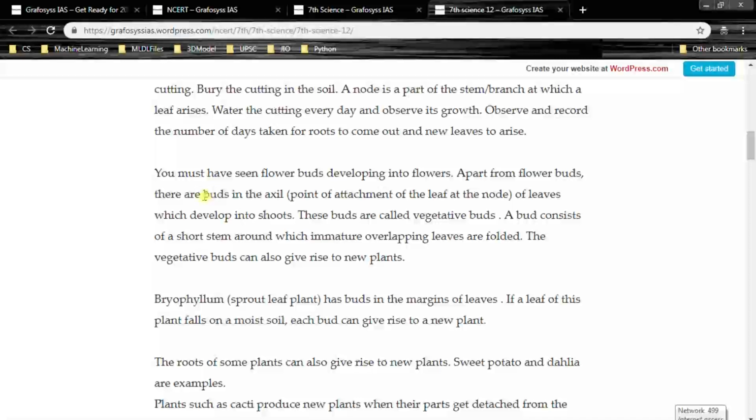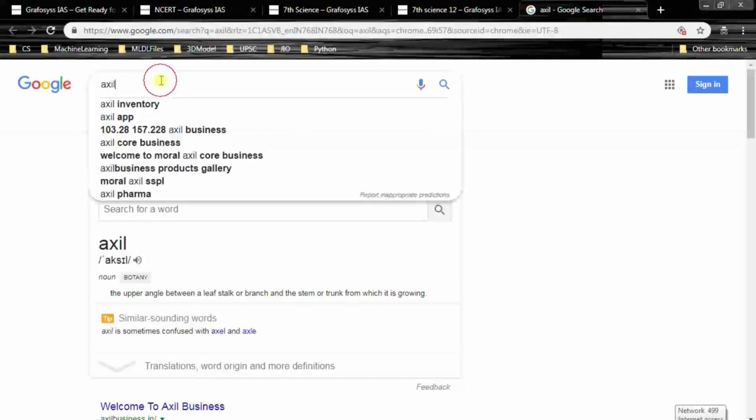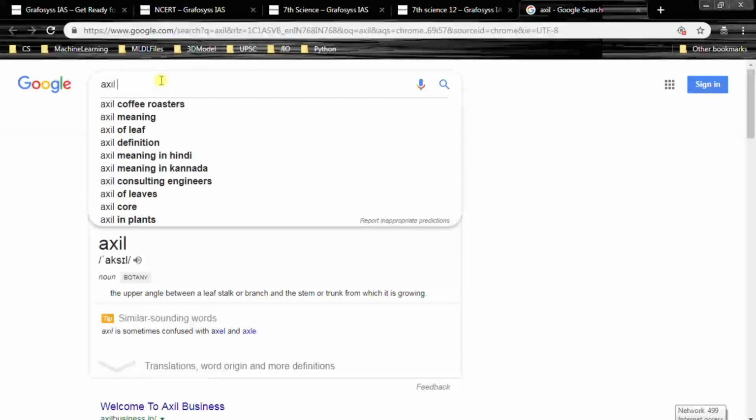Right, so there are buds in the axil. Axil, it is the point of attachment of the leaf at the node. So let's Google it. Axil plant leaf.